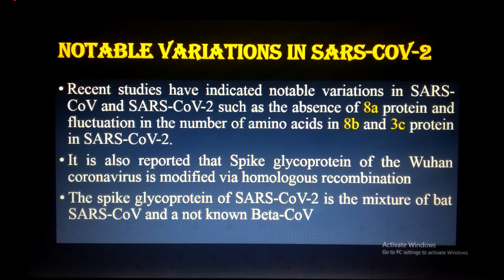The spike glycoproteins of SARS coronavirus 2 are a mixture of bat coronavirus 1 and a not-known beta coronavirus. There is another coronavirus which is a beta coronavirus. So this beta coronavirus and the SARS coronavirus 1, the mixture of both is present in the SARS coronavirus 2. So you can observe many variations, mutations and modifications in the SARS coronavirus 2.